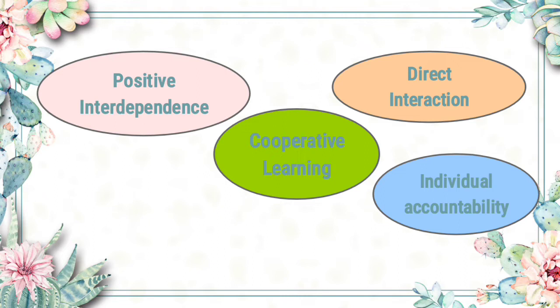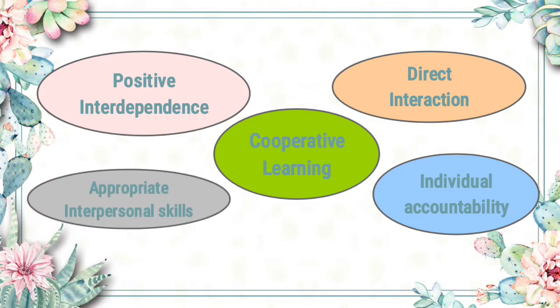And next, the learners must use appropriate interpersonal skills. Each member should be able to develop the following skills: attentive listening, questioning to clarify ideas, negotiating, and constructively resolving differences. With these skills, the interaction will become meaningful and productive.